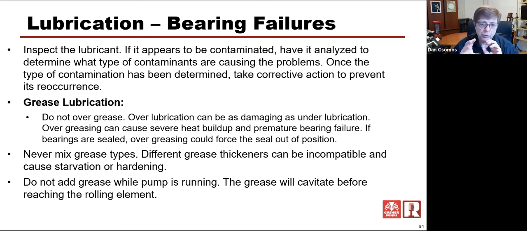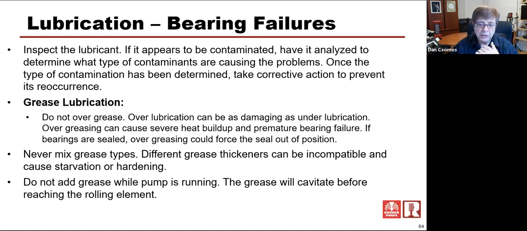The other type of grease lubrication is grease for life. Those bearings basically have shields on both sides of the bearing race. Grease is pumped in at the bearing manufacturer, and from then on, grease is never added to that bearing.